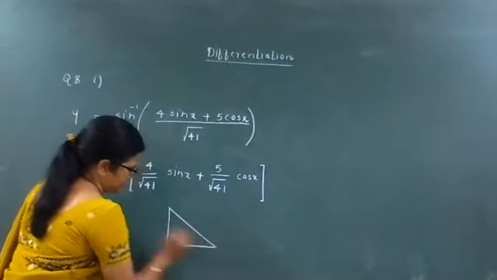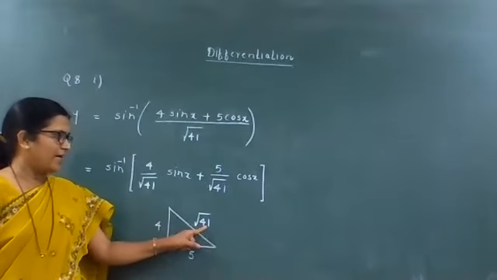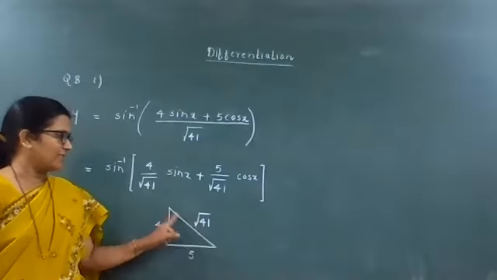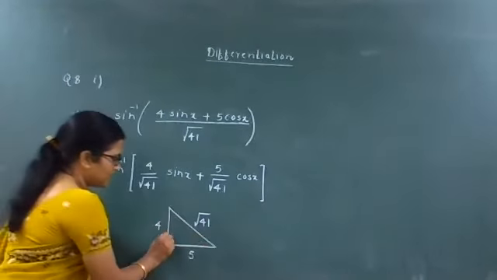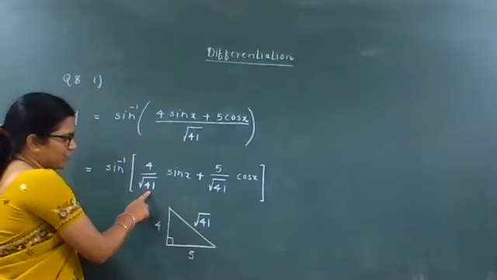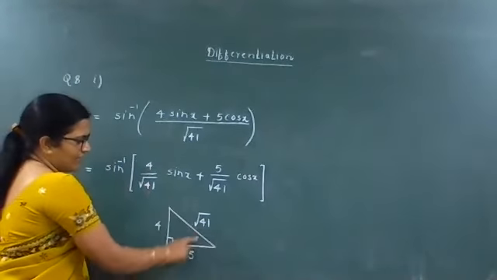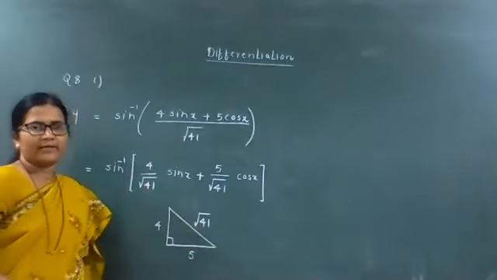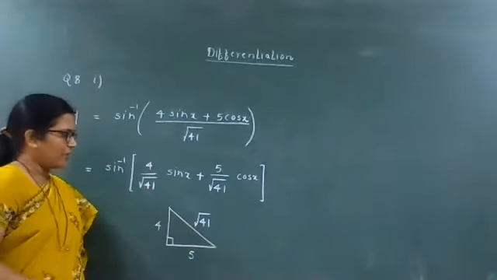So 4 square plus 5 square, 16 plus 25, is 41, and square root of 41 is the hypotenuse of this right angle triangle. Now 4 upon root 41 is some trigonometric ratio of an acute angle, and 5 upon root 41 is a trigonometric ratio of the acute angle, and that acute angle we will take as alpha.